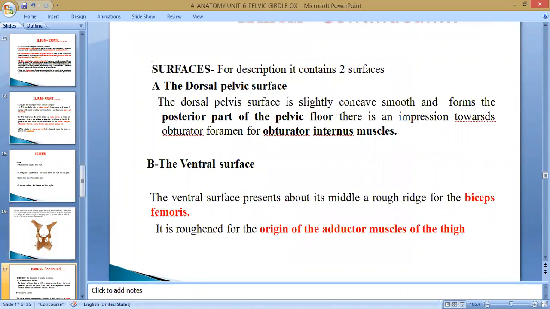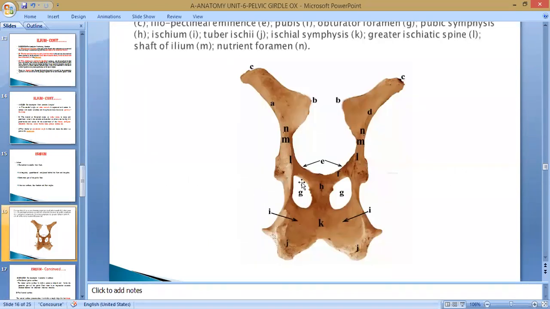The dorsal surface is known as the pelvic surface, and this surface is for the accommodation of muscles, the obturator internus and obturator externus muscles. This area of the obturator foramen, towards the center, is in contact with the obturator internus muscle, and the anterior border of the ischium is for the attachment of the obturator externus muscle.